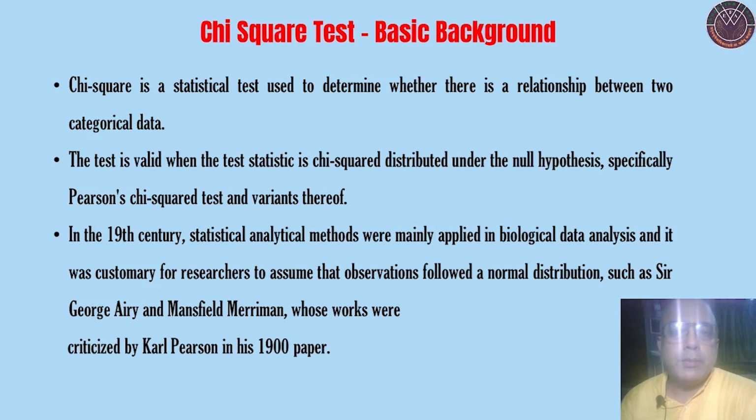So what is the basic background of chi-square test? Chi-square test is a statistical test used to determine whether there is a relationship between two categorical variables. So for a categorical data set, suppose you are saying gender and food choice. Suppose someone has got food choice for sweet food and someone has got food choice for sour food.